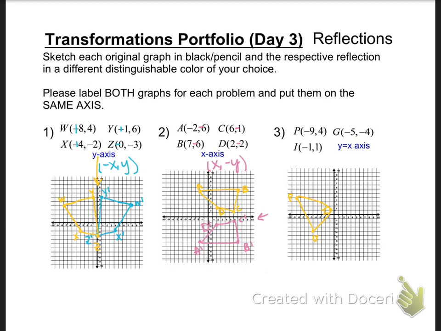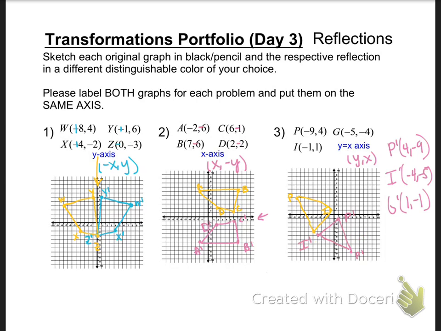Okay, the next one is y equals x. So I need to do a flip of my order. So I'm going to have to rewrite them this time. So now I've got 4, negative 9, negative 4, negative 5, 1, negative 1. So right 4, down 9 is P prime, right 4, down 5, I prime, right 1, down 1.